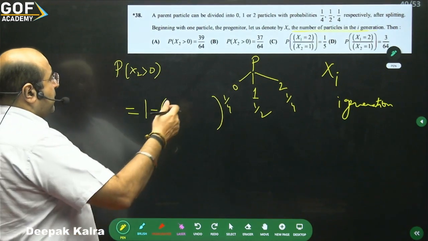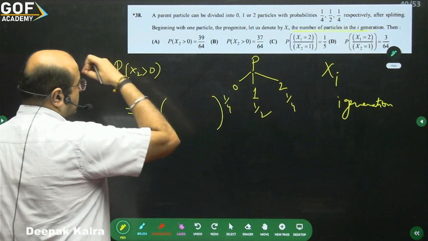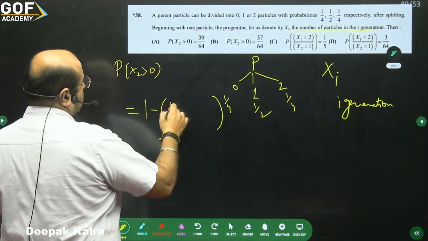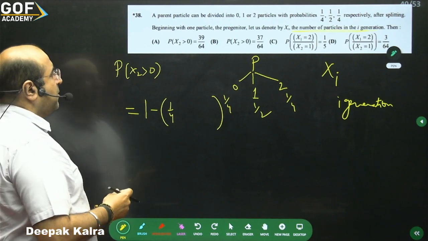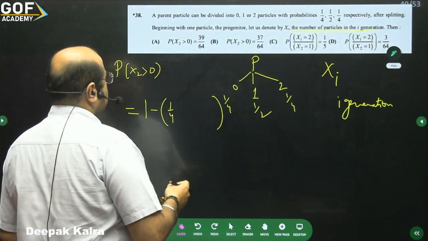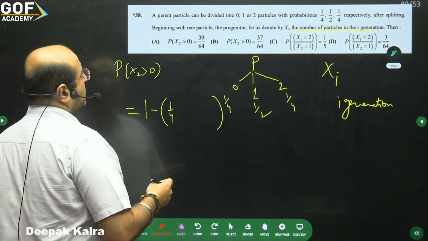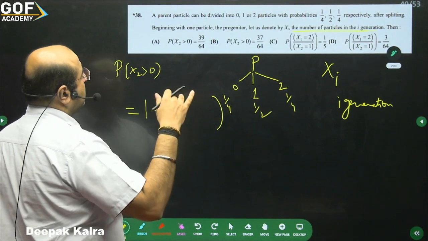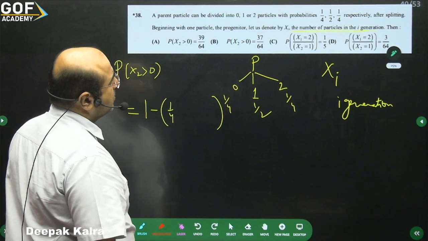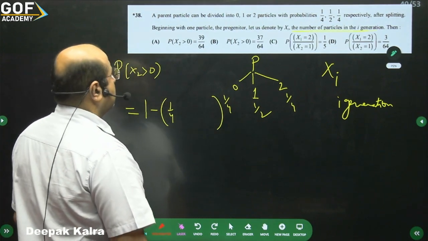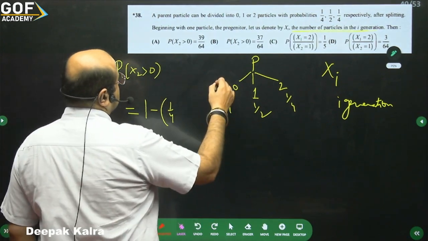So one particle, then you have 1/4 possibility, or you have this is your first generation if I talk about.